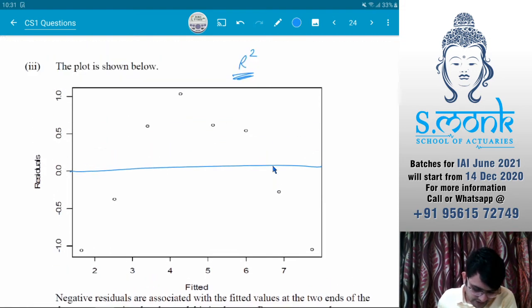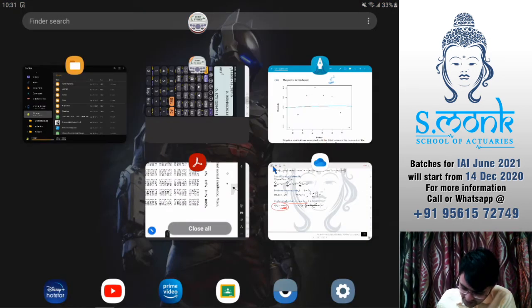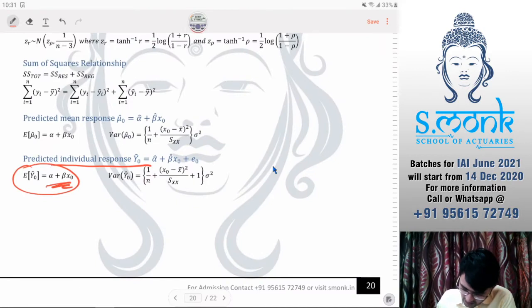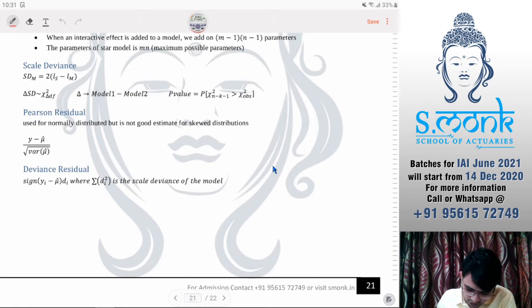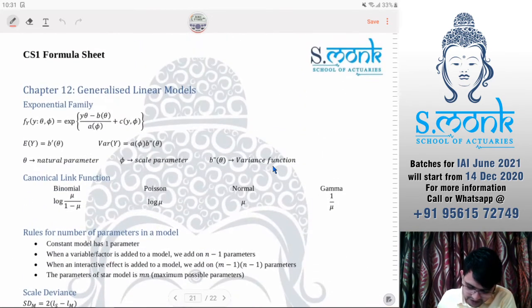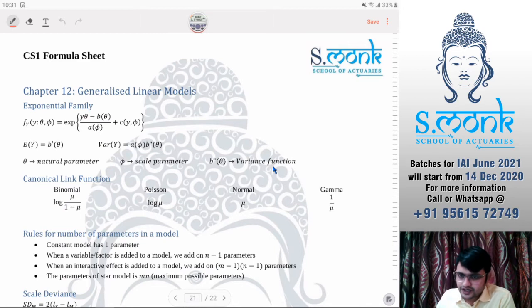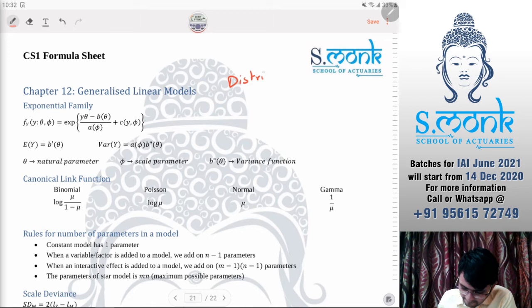So these are the typical types of sums from linear regression. Next, let's talk about GLM, the generalized linear model. Whenever we are talking about a generalized linear model, we have three parts. The first one being the distribution of response.